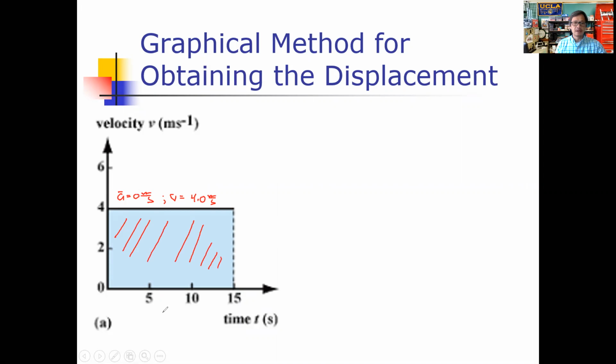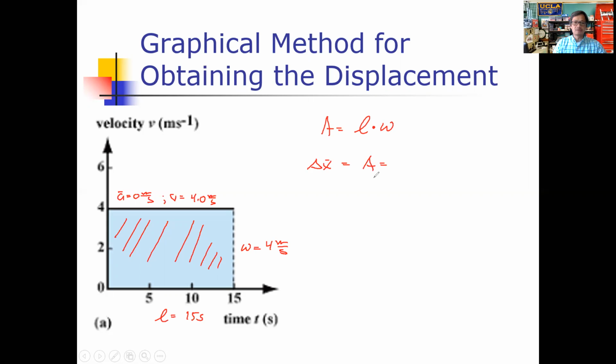If you take a look here, the length, and I'm arbitrarily choosing the x-axis length here, is going to be 15 seconds. The width here is going to be 4 meters per second. And so the area underneath the curve, which is the area of the rectangle, will represent the displacement.